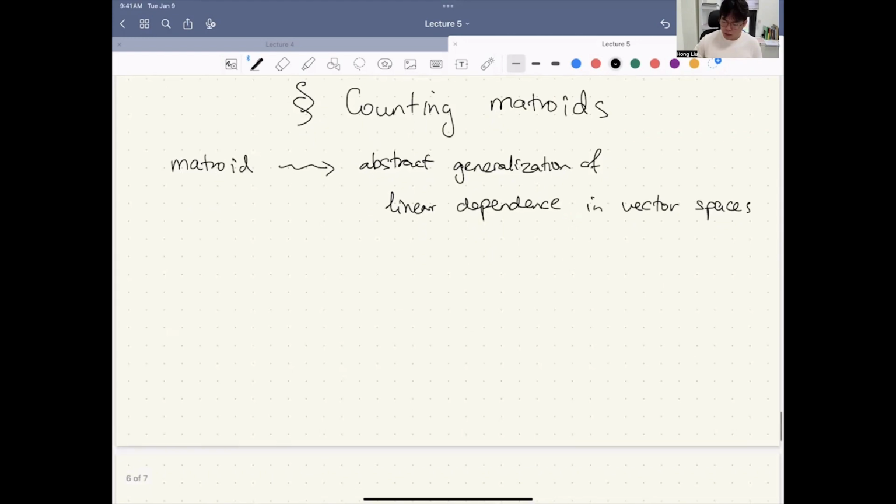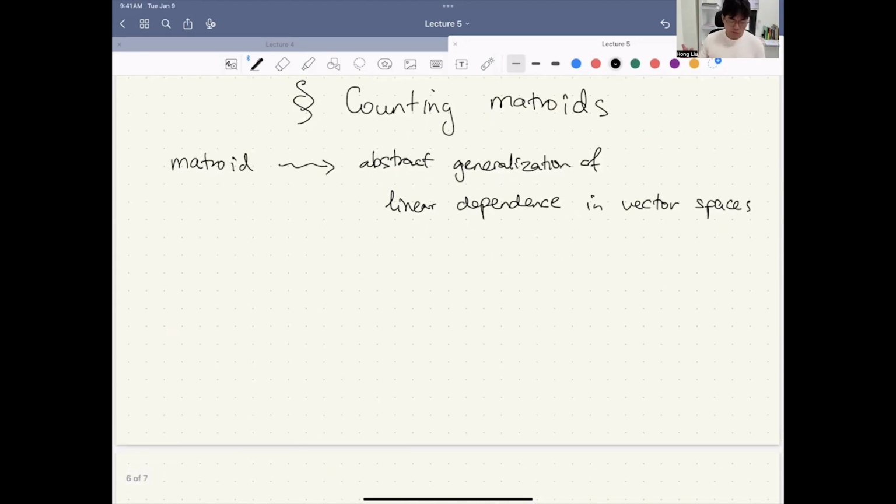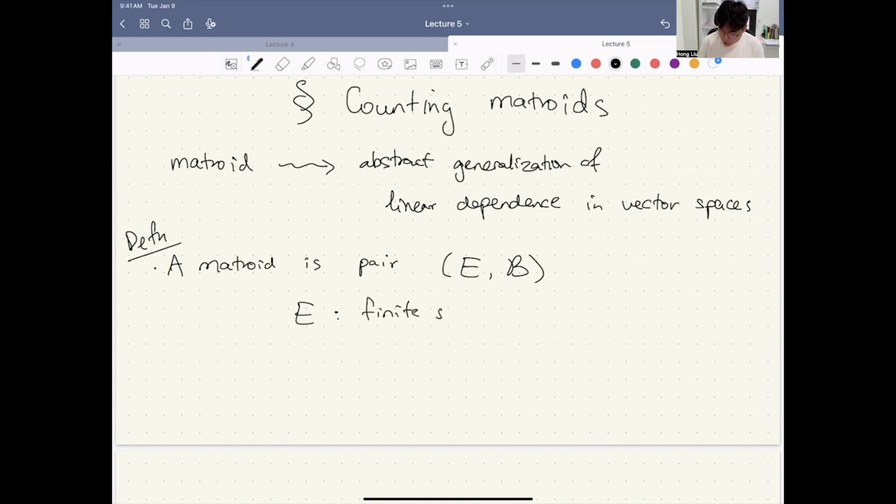Okay, formally, it's easy to define. A matroid is a pair E and B, where E is a ground set of points. It's a finite set. You can think of it as, let's say E has size n, the first n elements from 1 to n.